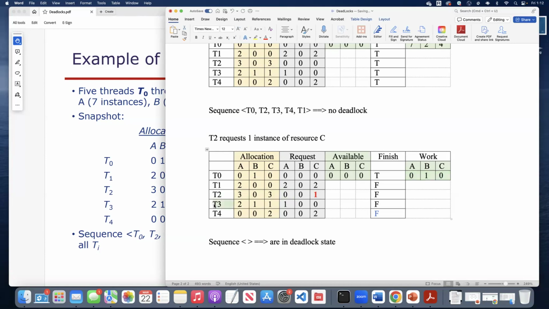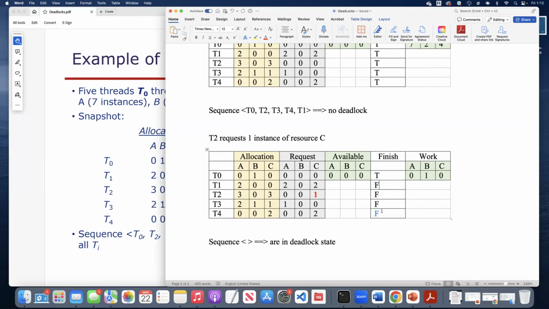And then T3 request one instance of A, and now we don't have the instance of A, so T3 cannot finish. And then T4 request 2C. Now we don't have resource instance of C. So now after we checked every thread, only T0 can finish. T1, T2, T3, T4 cannot finish.